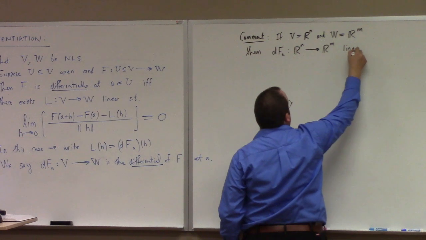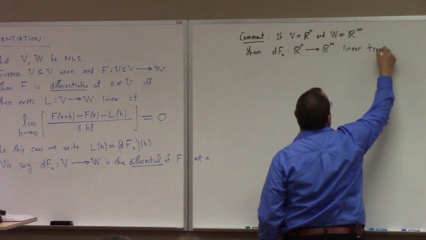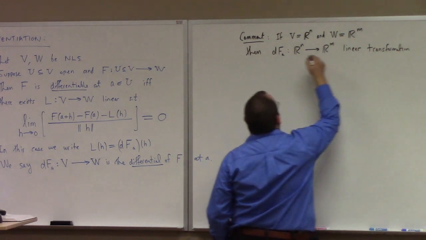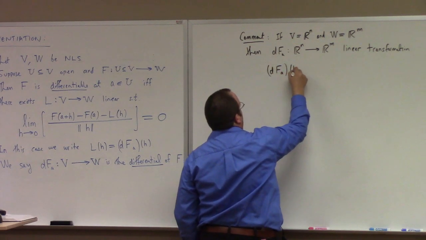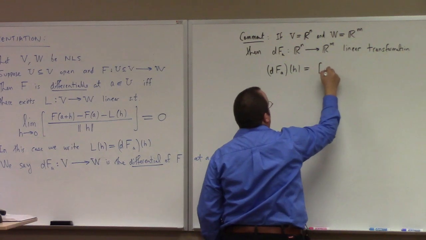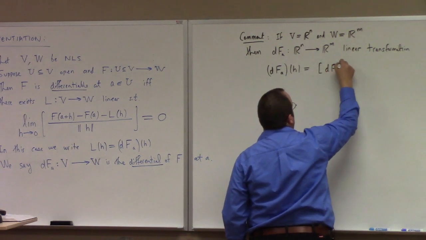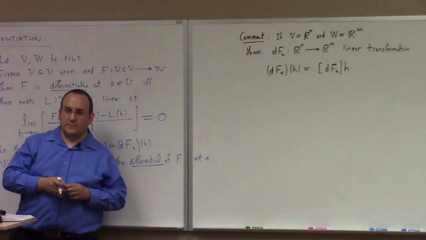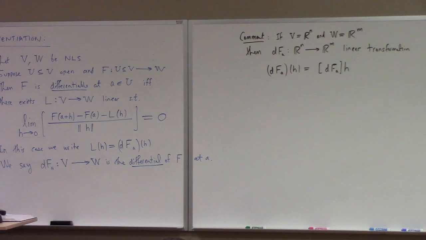And that means from linear algebra that we can say what? That's a linear transformation, so we could say dF_A of H is equal to the matrix of dF_A times H. Okay, in that special context, we could rewrite the differential without a lot of further baggage as a matrix multiplication.